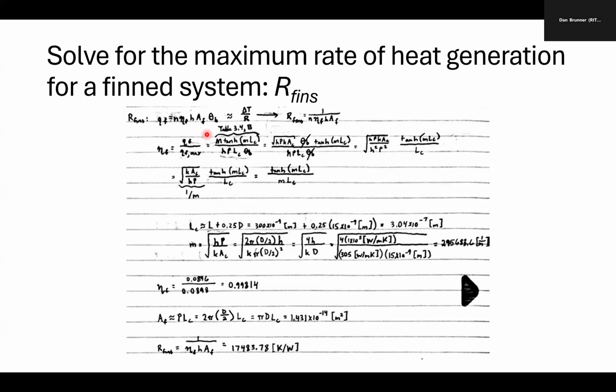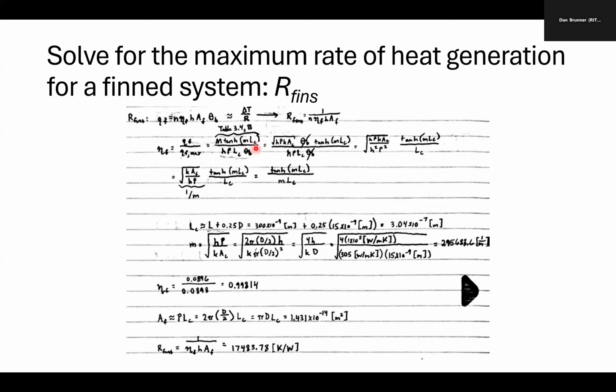And it'll give us this expression right here, this capital M times the hyperbolic tangent of this lowercase m times the characteristic length. And this is a special case for the adiabatic tip assumption, the adiabatic tip case that we're looking at.